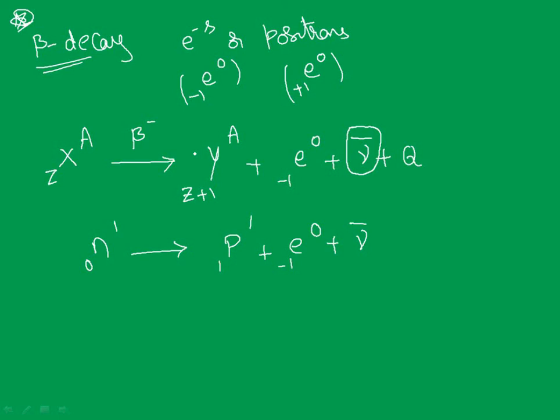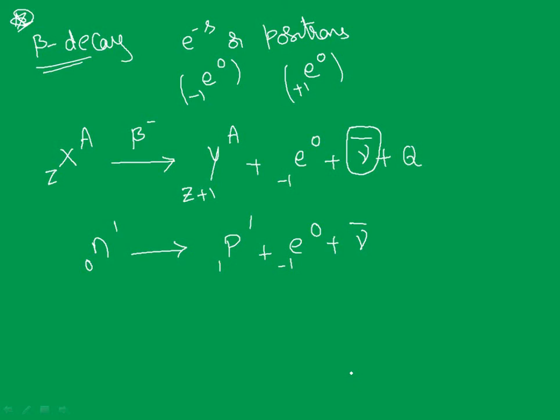Now, to conserve momentum, spin and angular momentum, the antineutrino is emitted, because otherwise they would be violated, right? So to conserve that, we are considering it. Before emission of the beta particle, the momentum of the parent nucleus is 0. The antineutrino is emitted along with the beta particle with a momentum which exactly balances the sum of the momentum of the beta particle and the recoiling daughter nucleus.